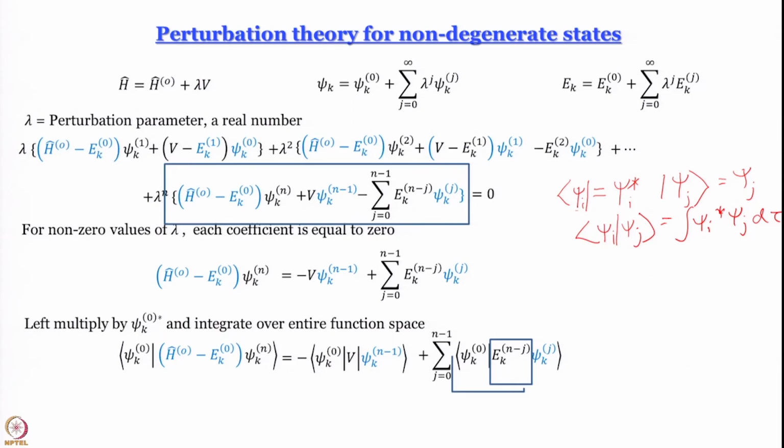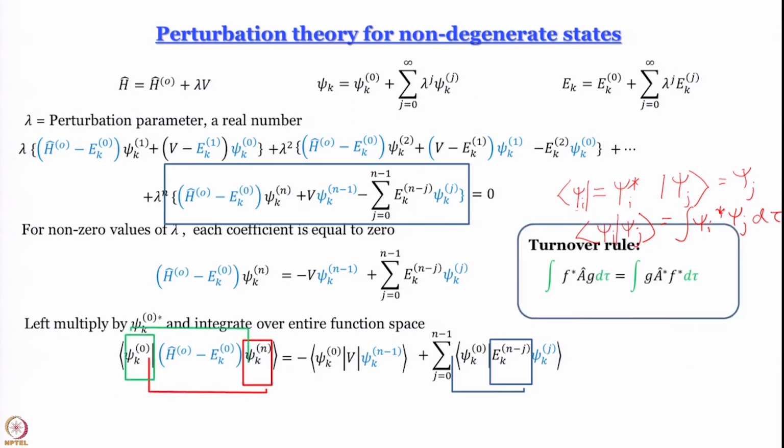Alright, what about the left hand side? In the left hand side these two wave functions can change places if we use the turnover rule that we had studied in one of the earlier modules as the property of a Hermitian operator. I did not tell you explicitly at that time that this is called the turnover rule, but here it is for you. So I can just interchange ψ_k^(0) and ψ_k^(n). Why? Because we know that (H^(0) − E_k^(0)) will operate on ψ_k^(0), and not only that, it will make it 0, remember, annihilation operator.